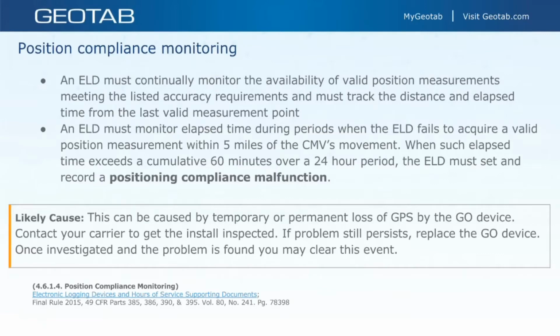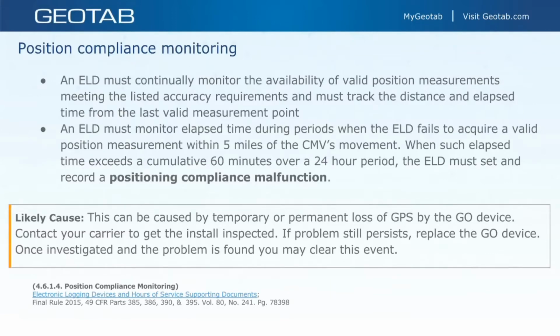When the discrepancy is over 5 miles, and that time exceeds a cumulative 60 minutes over a 24-hour period, that becomes a malfunction. Now, this is essentially treated like any instance where you're not getting GPS signal. So it can be temporary or permanent loss of GPS by the Go device.